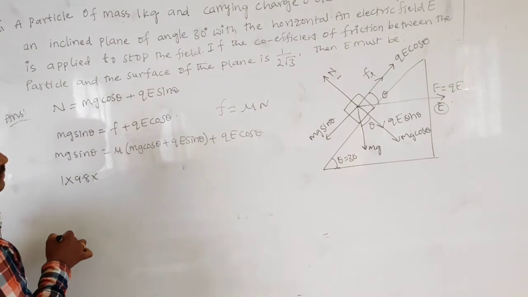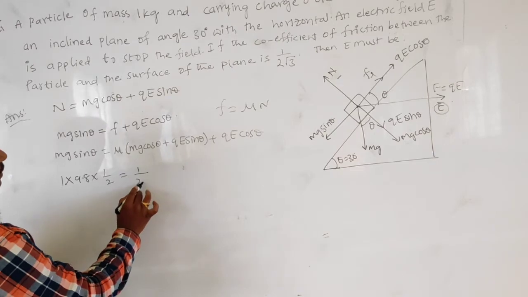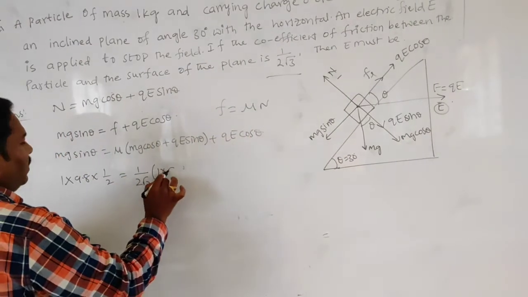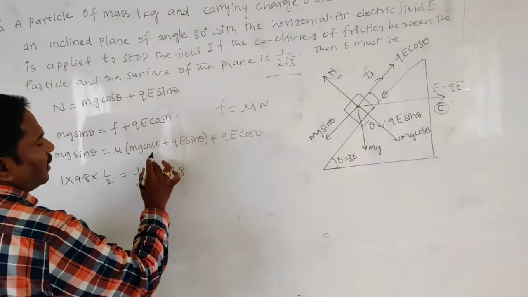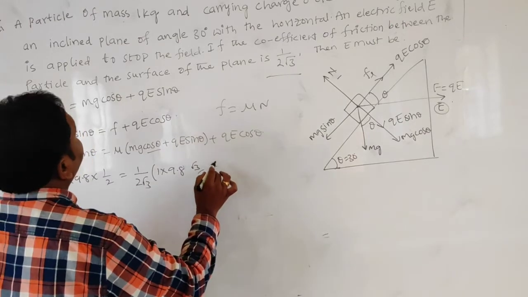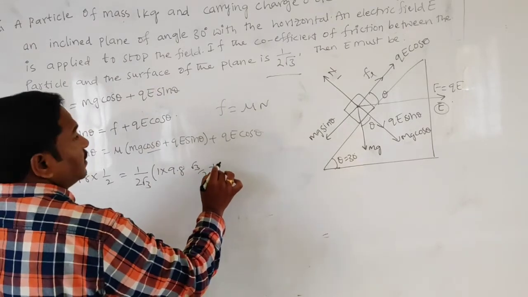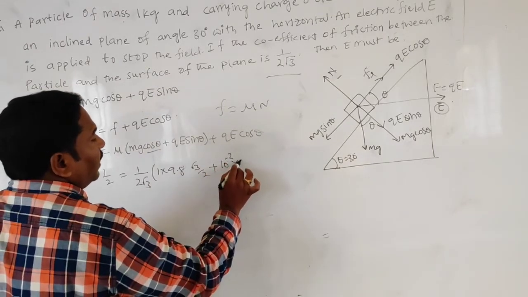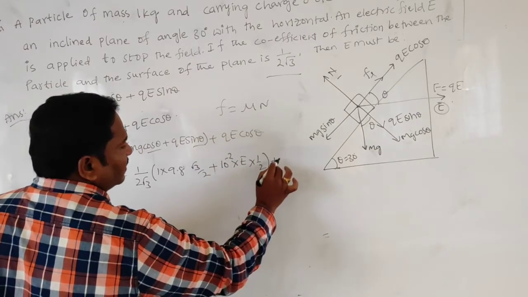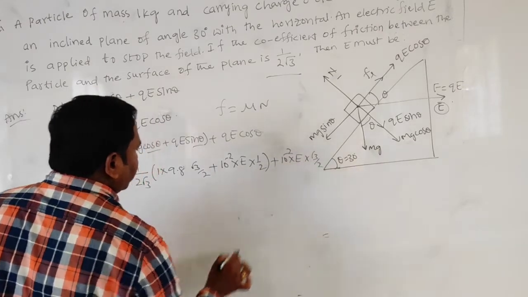Sin 30 is 1 by 2, mu is 2 root 3, so 1 into 9.8 cos 30, root 3 by 2, plus Q, which is 10 power minus 2, into E sin 30, 1 by 2, plus 10 power minus 2 into E into cos 30, root 3 by 2.